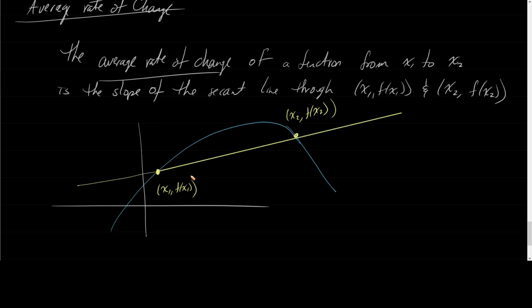What is the slope of this line? The slope, m, would be given by f of x of 2 minus f of x of 1 over x of 2 minus x of 1. That is the slope of that line.